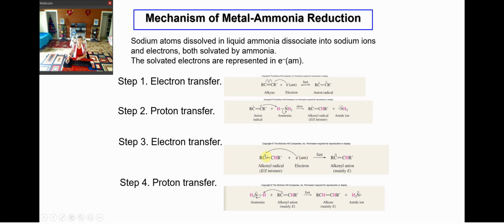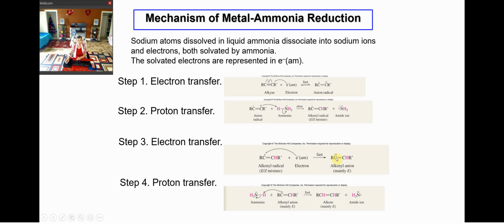So this carbon will be paired with your solvated electron. Again, both electron transfers are fast steps. So you are going to form another anion, a negatively charged alkene anion.